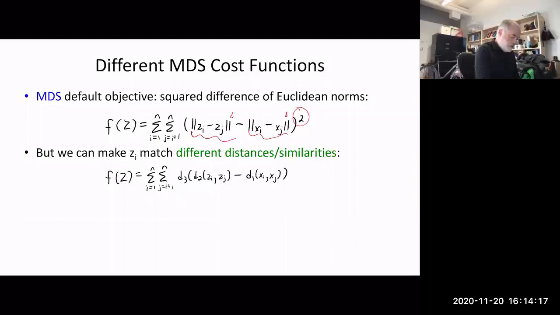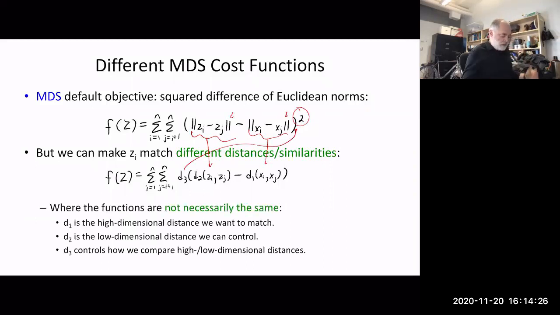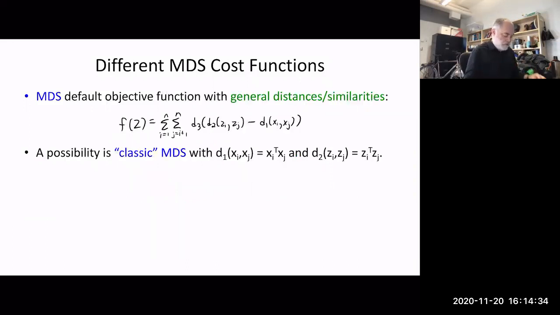So this is one choice, this is one choice, and this last function is one choice as well. The functions are not necessarily the same. D1 is a high dimensional distance that we want to match. D2 is a low dimensional distance we can control, and D3 controls how we compare the high and low dimensional distances.